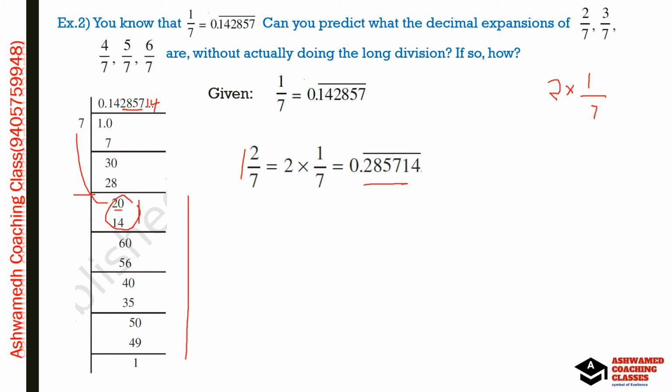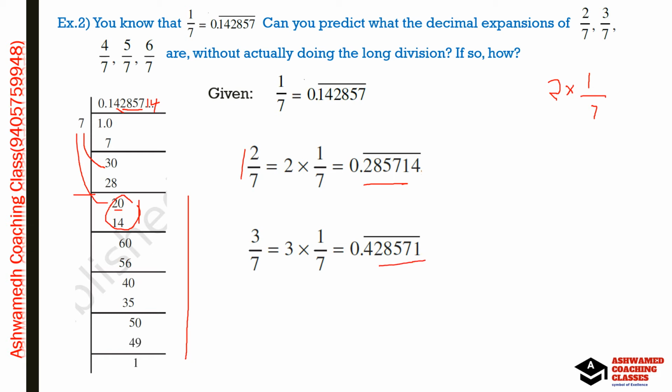Now secondly 3 by 7, 3 into 1 by 7. Here the actual division starts from here, 3 is divided by 7, so obviously in the quotient we start from 4. So 42857 and then 1 at last.